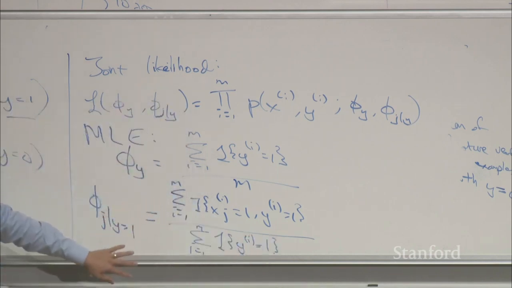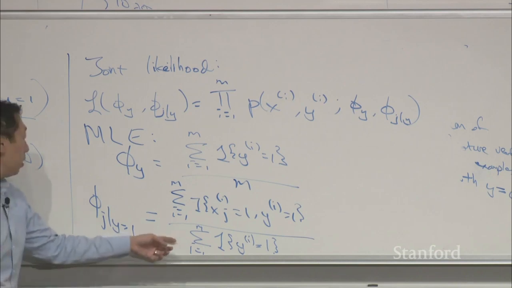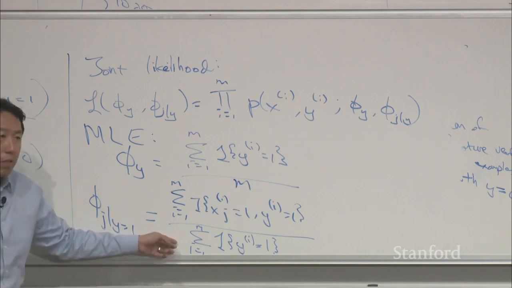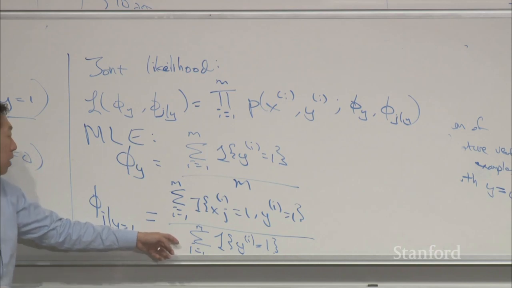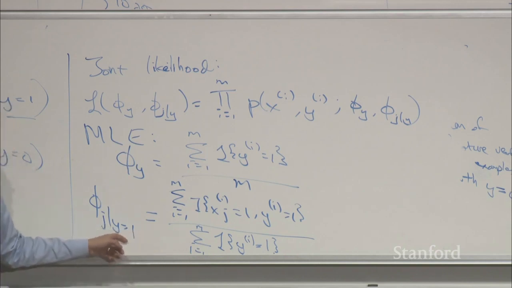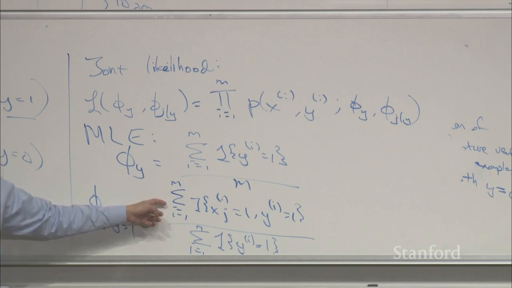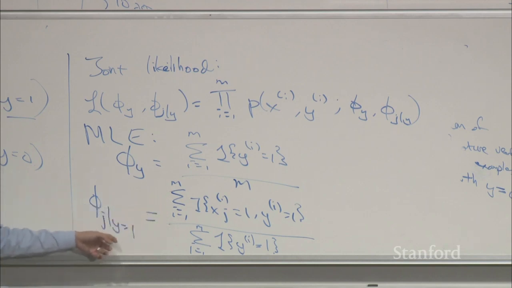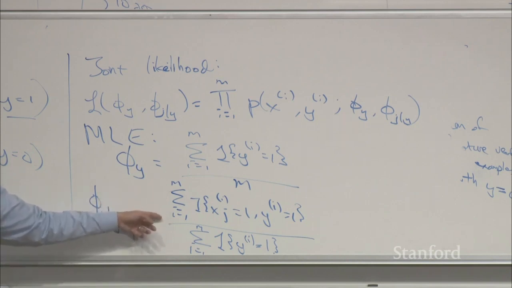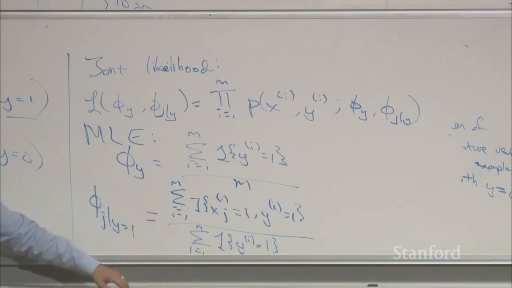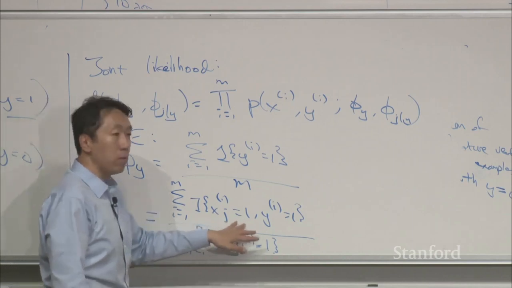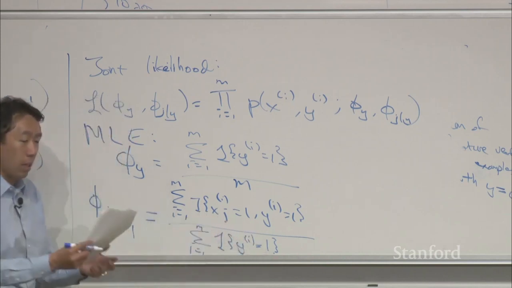So that's the indicator function notation of writing out, look through your training set, find all the spam emails, and of all the spam emails, i.e. examples of y equals 1, count up what fraction of them had word j in it. Right? So your estimate of the chance of the word buy appearing in spam email is just, well, of all the spam emails in your training set, what fraction of them contained the word buy? What fraction of them had xj equals 1 for, say, the word buy, okay?